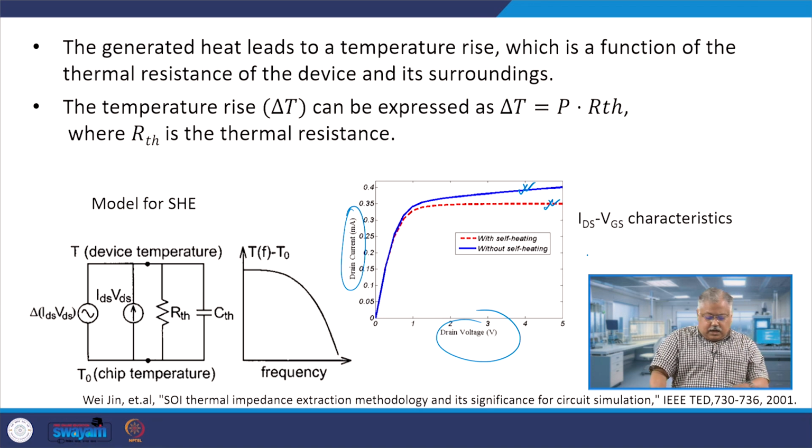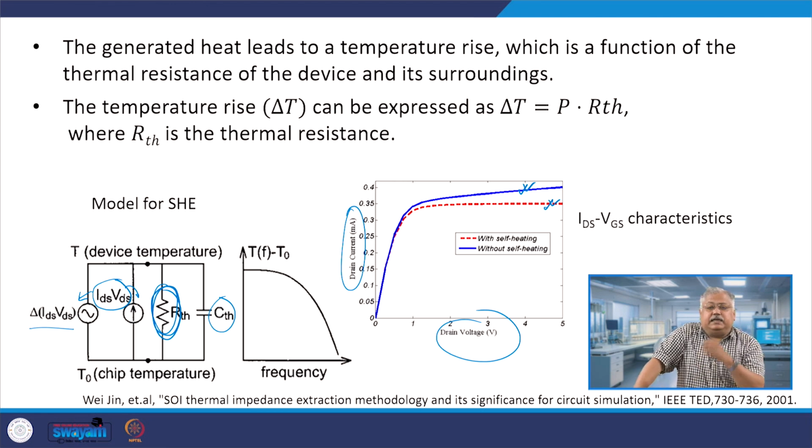And if you look at this equivalent model for self-heating, this is basically I_D into V_DS, the current flowing through the device. There is the current source and the voltage, and it is a function of both I_DS and V_DS, and this is the thermal resistance which is in parallel to the current source. This is the thermal resistance of the MOS device under consideration, and this is the thermal capacitance which you see here.